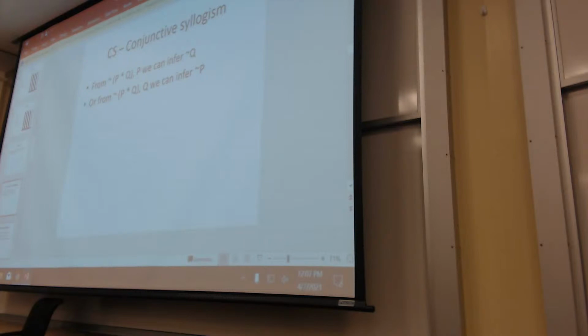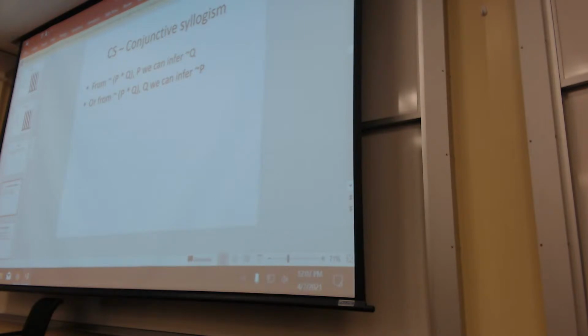Now, here's where people get a little bit confused, if that's not confusing enough. Let's say we add negations inside the negated and statement. If we do, the rule still works. And the rule is always the same.